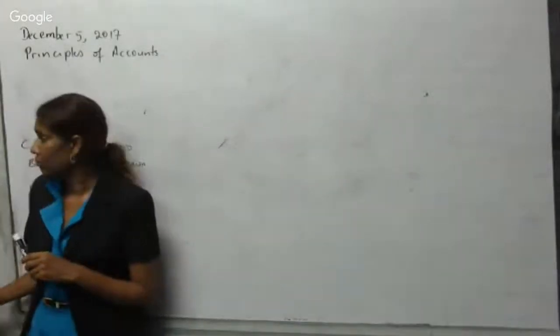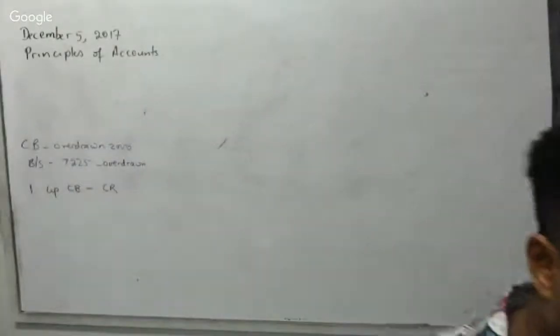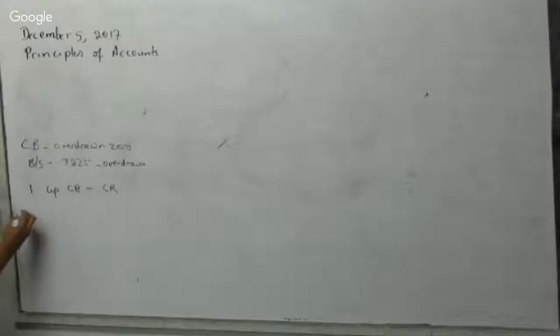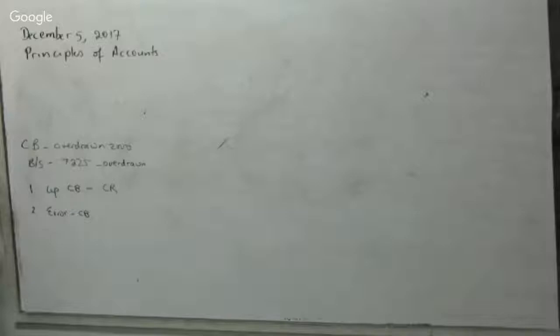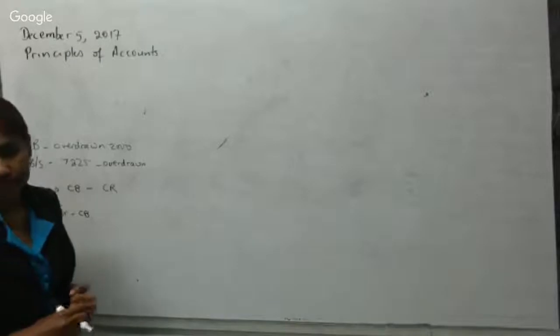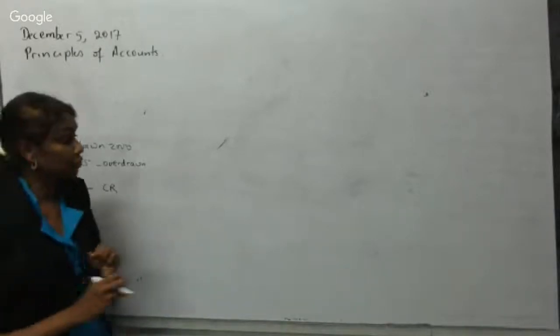So for number 2, we're going to be correcting an error in the cash book, and you have to decide how you're going to make that correction. Not a difficult thing to do.